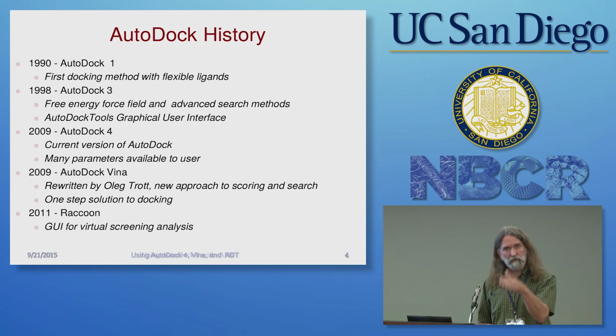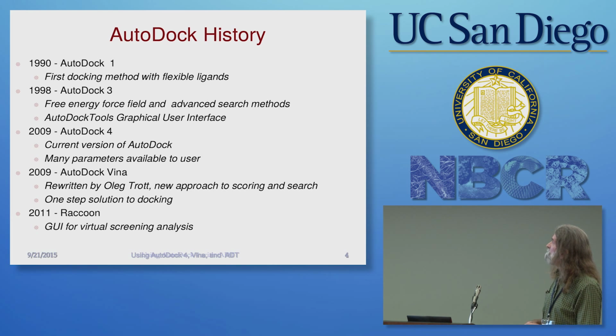Over the years, we've improved this in a number of ways. First of all, by improving the scoring function so that it can predict free energies instead of just being a generic score. And we've also worked to put together graphical user interfaces to make it more and more accessible to people who aren't experts in molecular graphics.